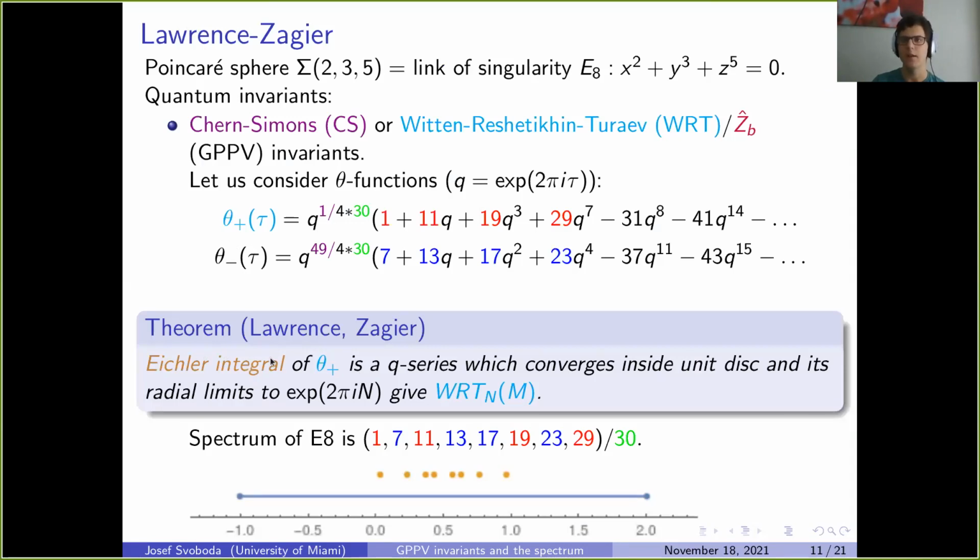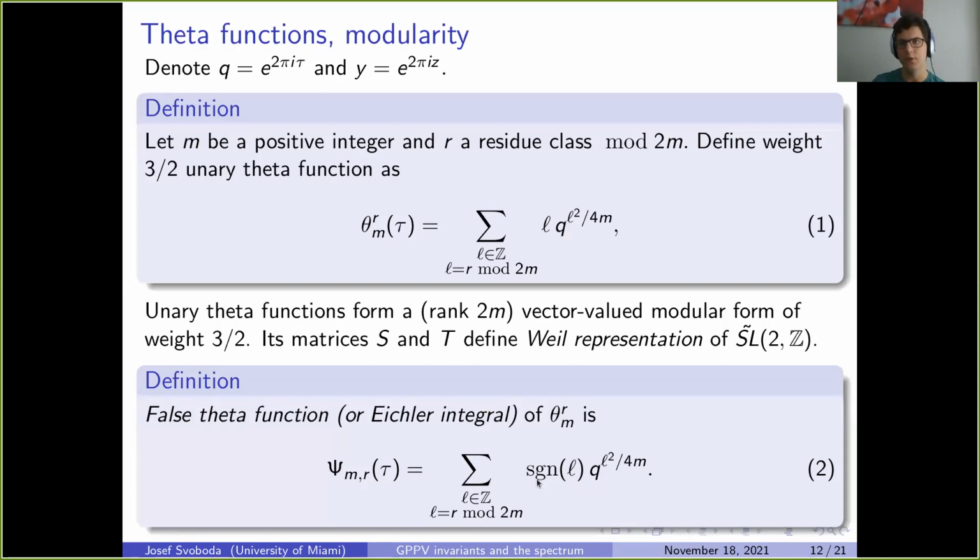For the Eichler integral, instead of L you take the sign of L. So you kind of destroy this theta function, because it will not have the modularity property anymore, since you put some funny signs here, but it still has a weaker property, which Zagier calls a false theta function, or quantum modular form.